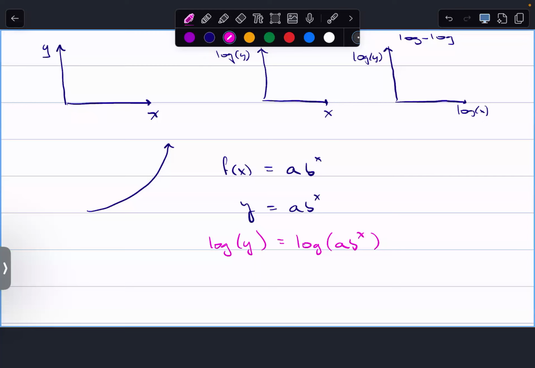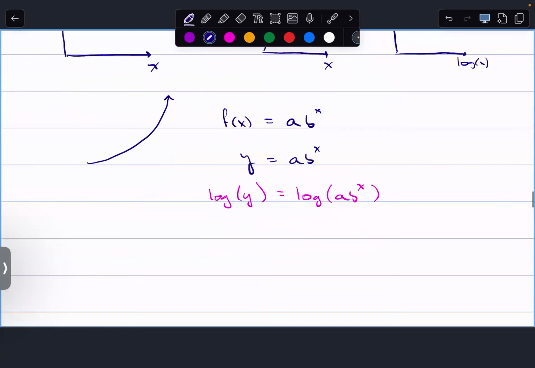I'm stuck with the log of y. That's fine. But what do the log laws tell us about multiplying inside the log? I can rewrite this as log a plus log b to the x. Right, that's a log law. Log of a plus log of b to the x.